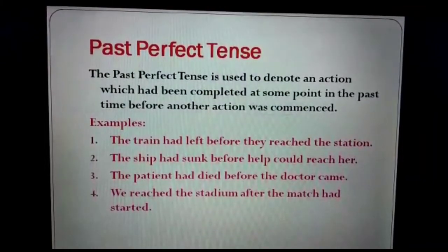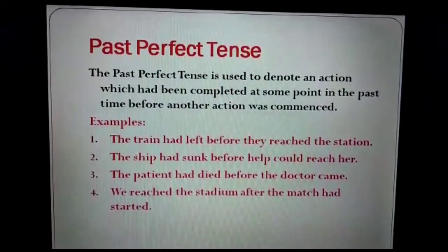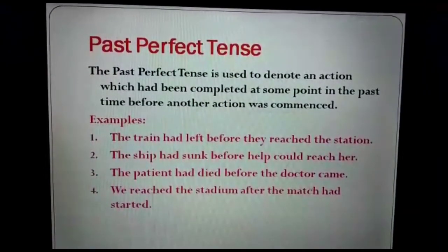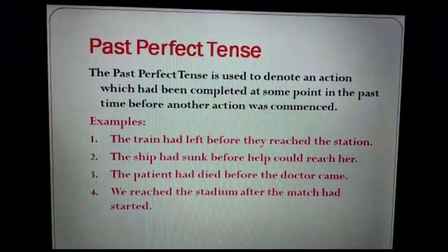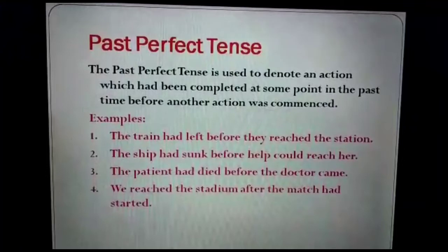One action is the train leaving, and the other action is their reaching the station. The train left before they reached the station. The train leaving the station happened before, so we have used past perfect tense in this case. The train had left.